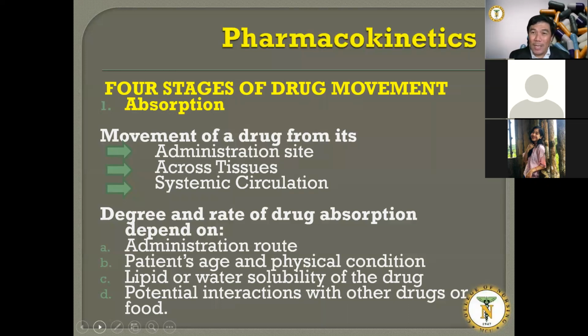When it comes to patient's age, we have the population groups of children, the adult, and the aging population. When it comes to the aging population, the metabolic response of the body varies. I just want to ask you students, which of the following age groups has the slowest metabolic response?